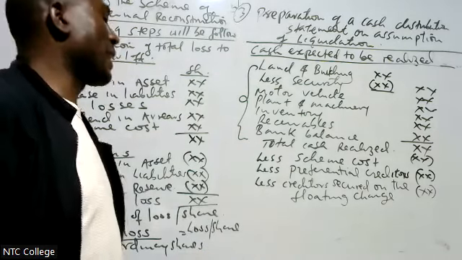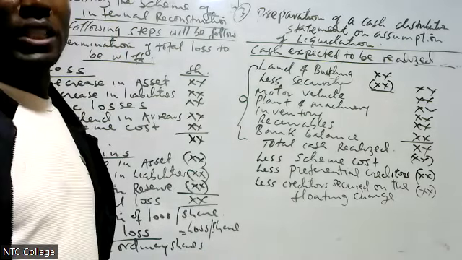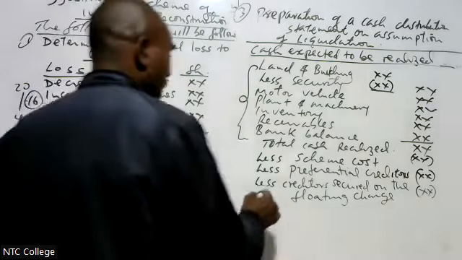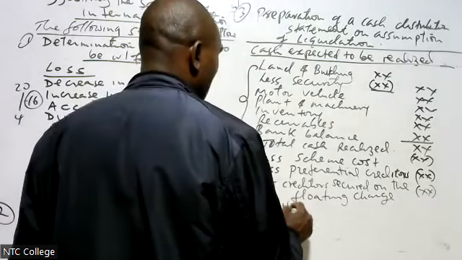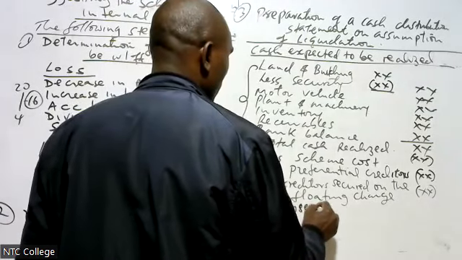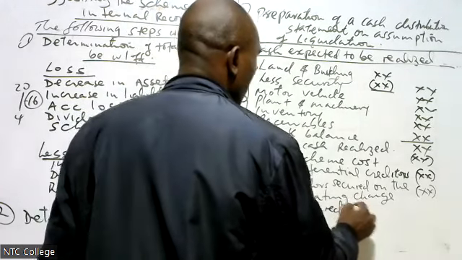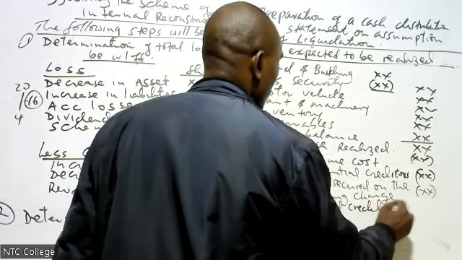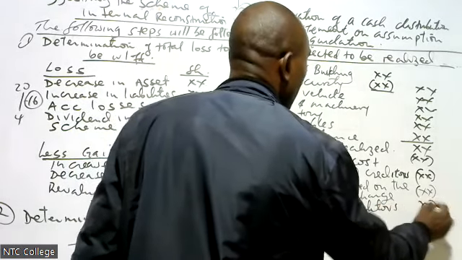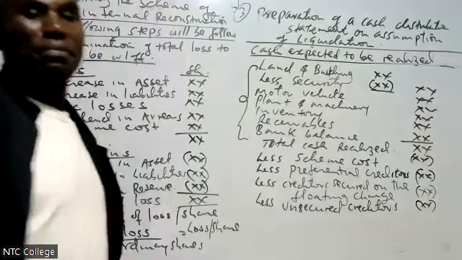Therefore, we come and less creditors secured on floating charge. Then we come and less unsecured creditors, unsecured creditors like the payables.